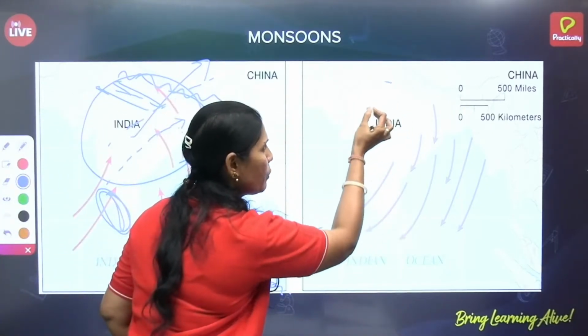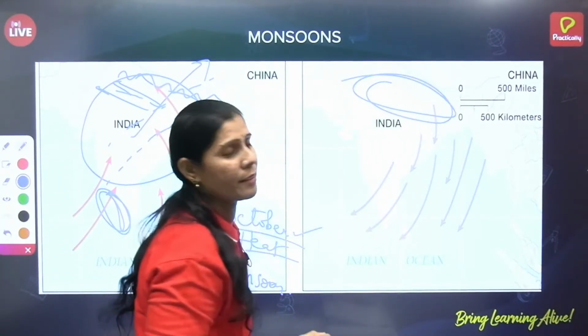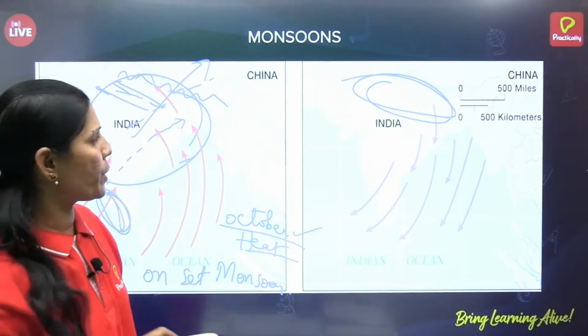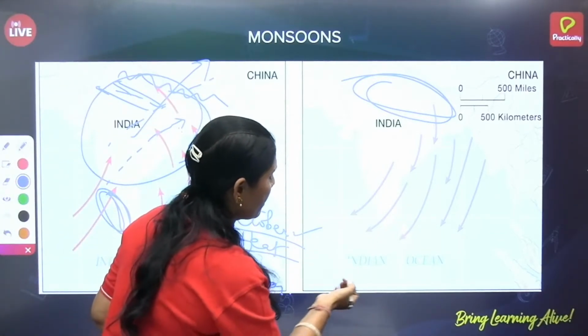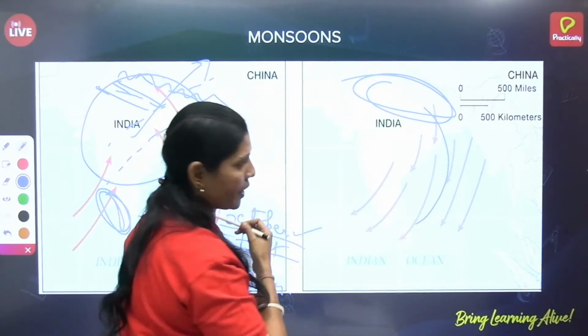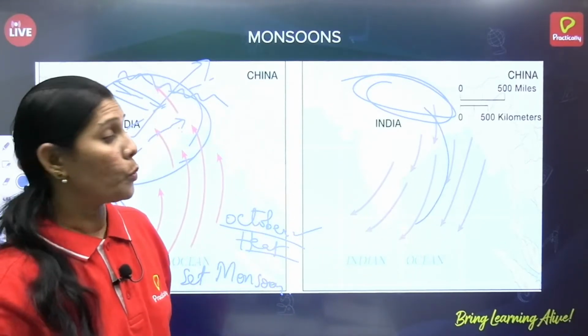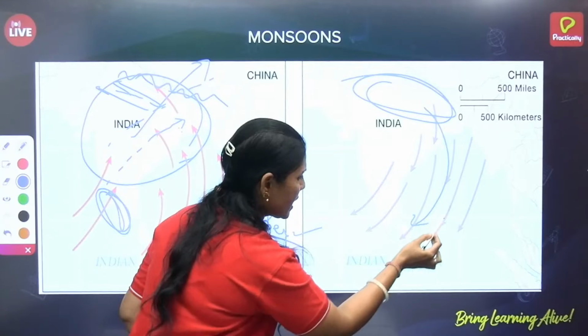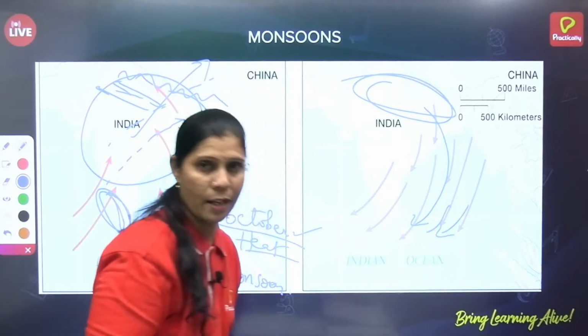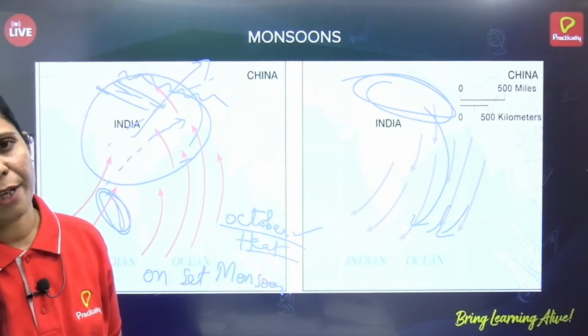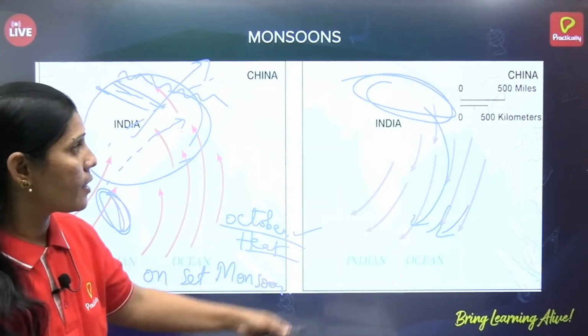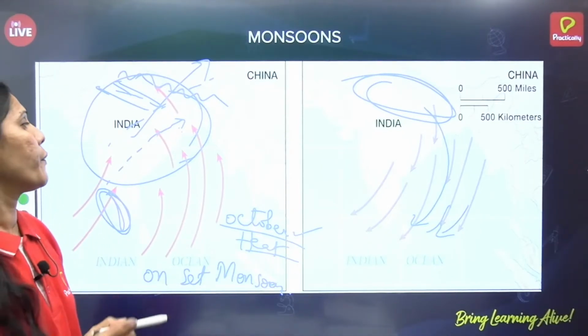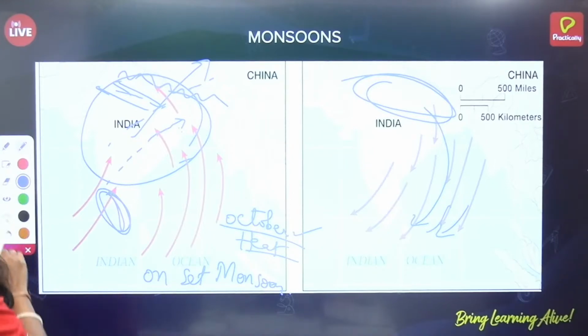When low pressure is created, these winds retreat back. When the winds are returning back, we call it retreating monsoons. So this is the second stage of monsoons, retreating monsoons.